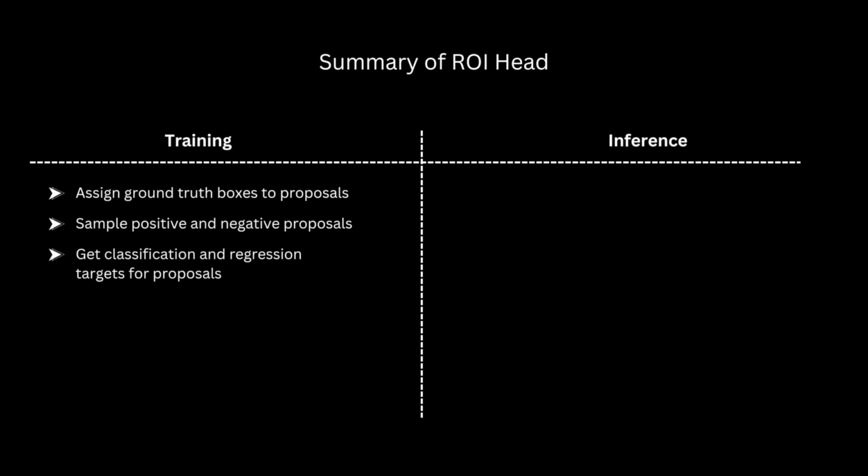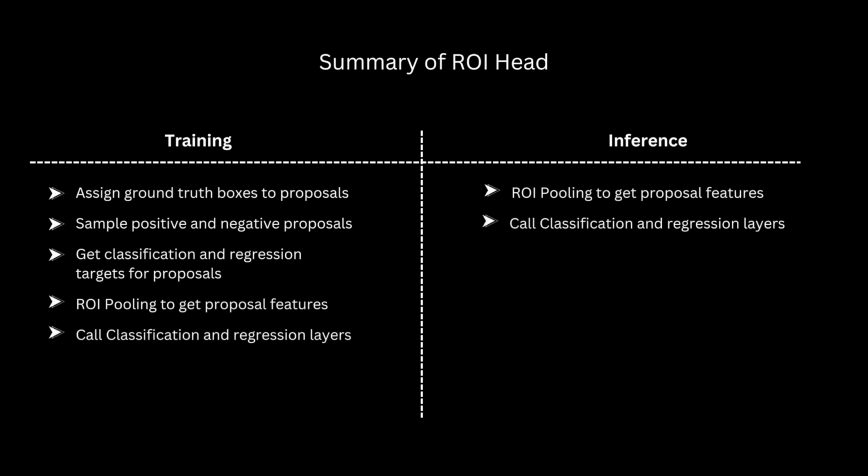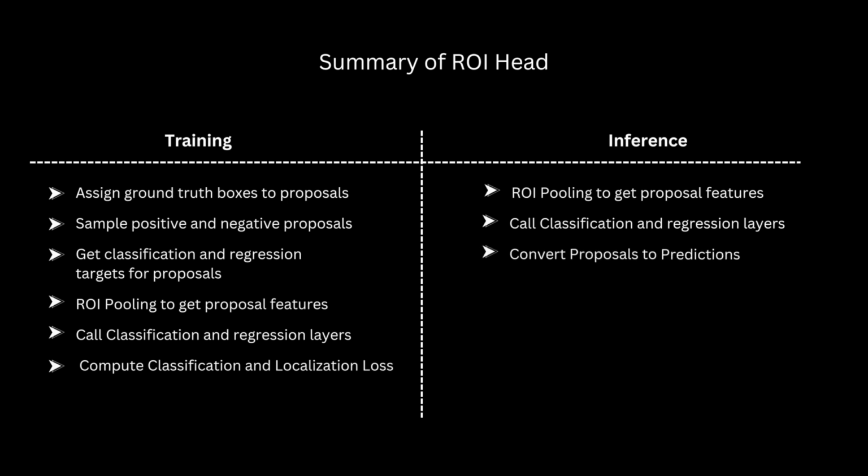For both training as well as inference, we need to do ROI pooling as well as call all the FC layers, including the classification and box regression FC layers. Then for training, we need to additionally compute the losses. Whereas for inference, we need to convert the proposals to prediction boxes using the predictions for box transformation. And finally perform filtering on these prediction boxes.